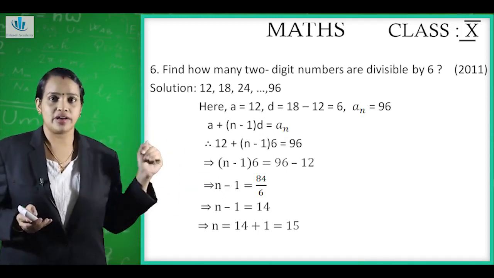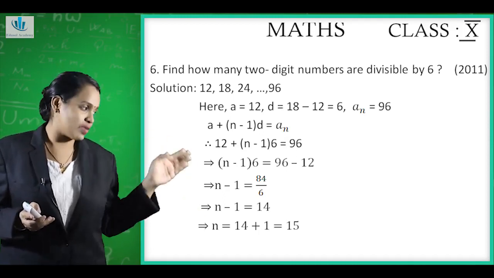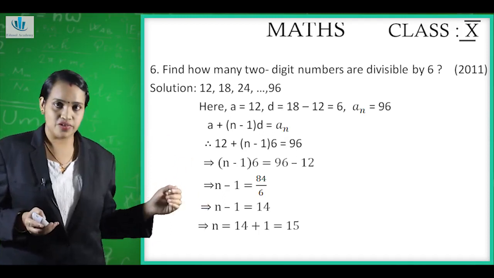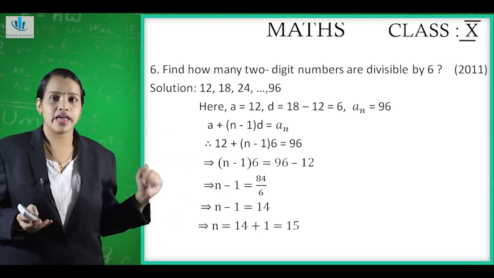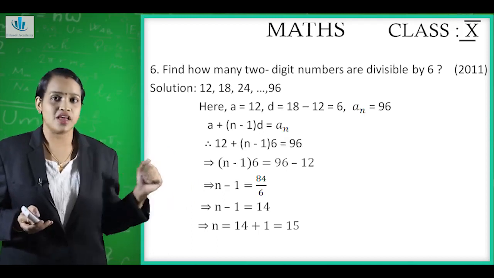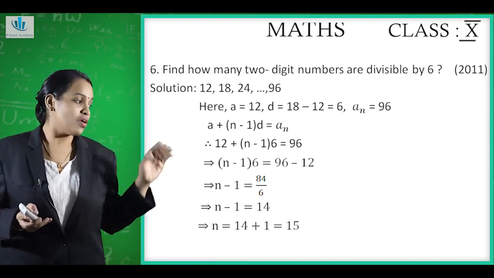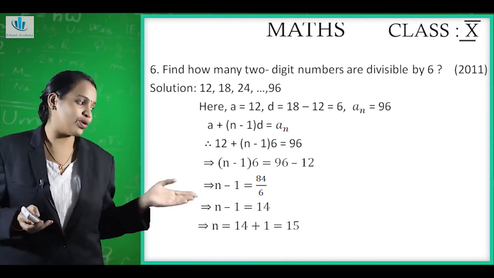N minus 1 is 84 divided by 6, which gives 14. Therefore n is equal to 14 plus 1, which is equal to 15.